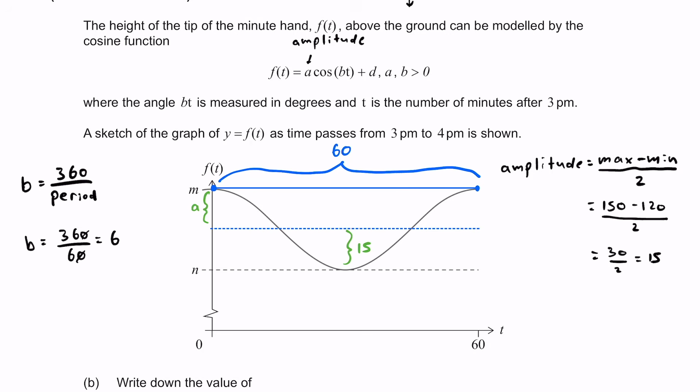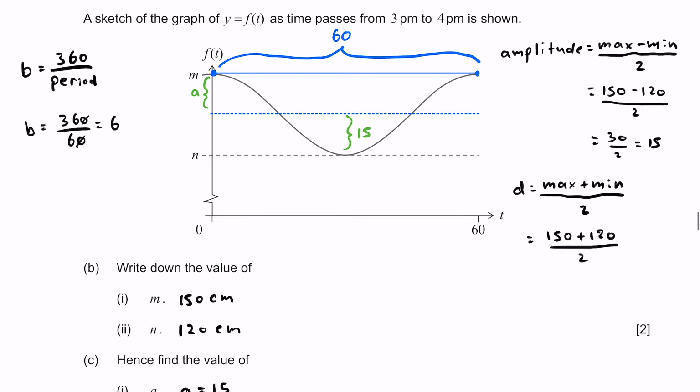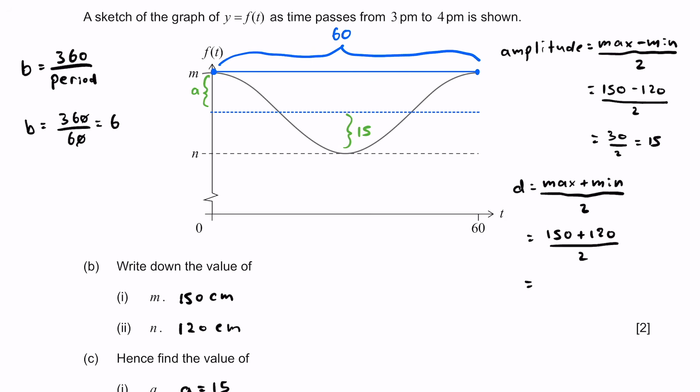So we have another formula for this, but we can also use intuition. The value of d, or the midline, let me write it as d here, is equal to max plus min over 2. Essentially the halfway point between the max and the min, that's going to be our midline right here. So max plus min, 150 plus 120 over 2. What is the halfway point between these two?